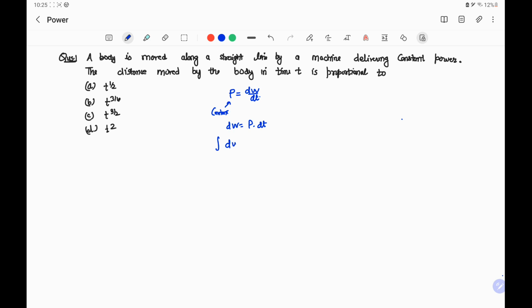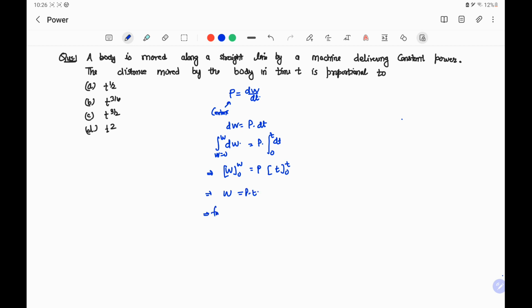Integrating, we will have integral of dW from W equal to 0 to W, with time integrating with limit 0 to t. So on integrating, we will have W with limits 0 to W equal to P, and integral of dt is t with limit 0 to t. So this will give W equal to P into t.